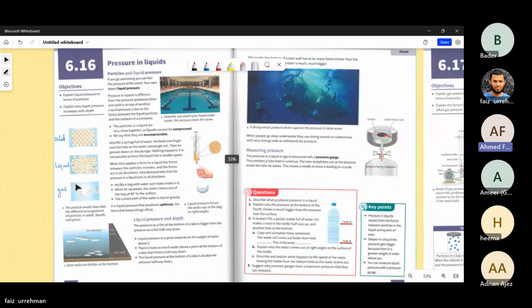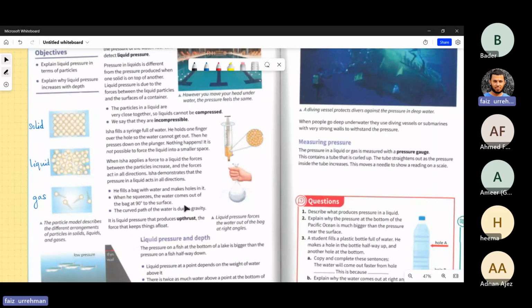Yes. So here, first, I taught you yesterday that the water pushes you upwards. That force is known as upthrust. Okay.